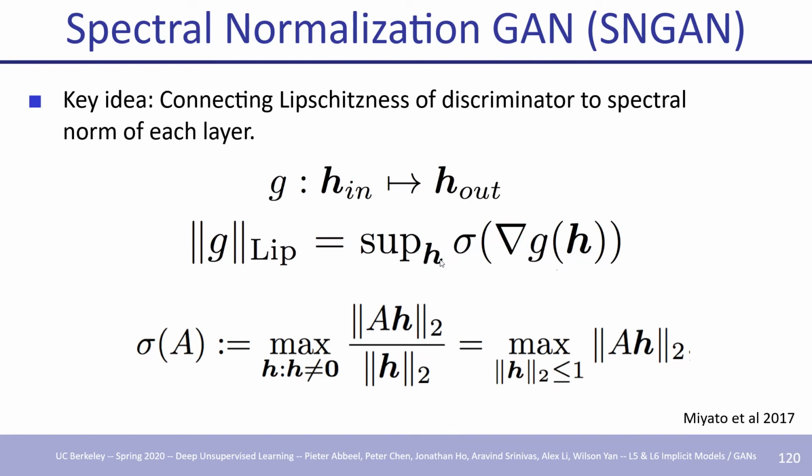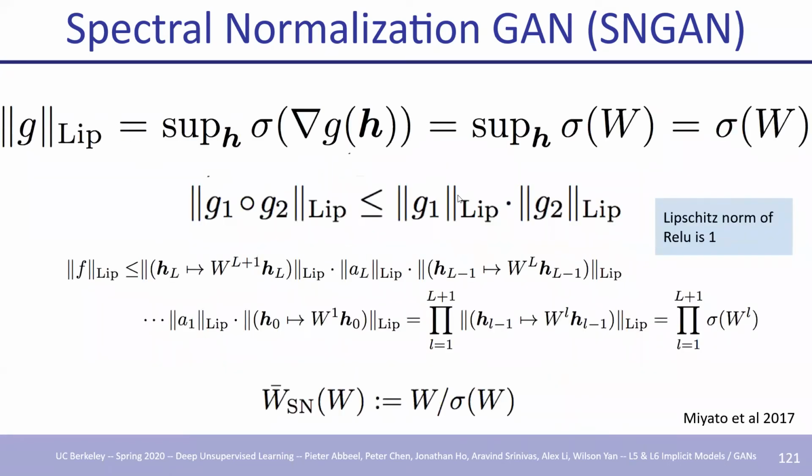I don't know what this h is, but from what I can understand, it is the spectral norm of the gradient of going from one layer to the other.